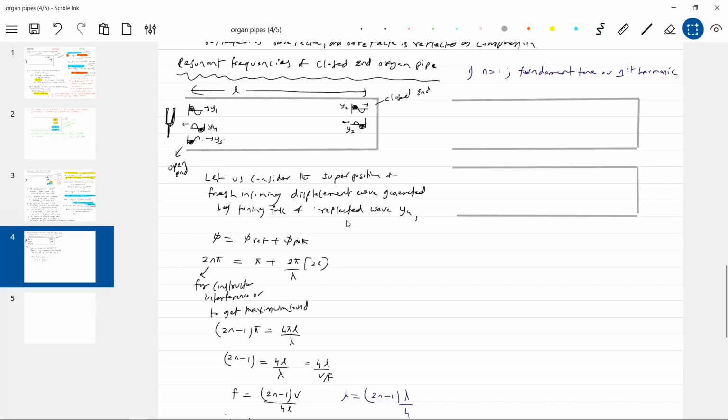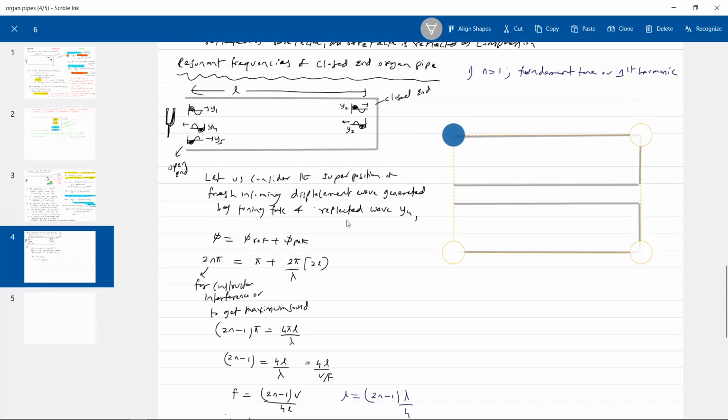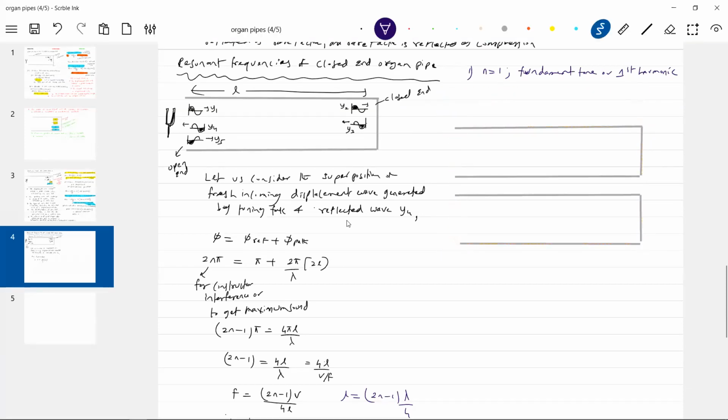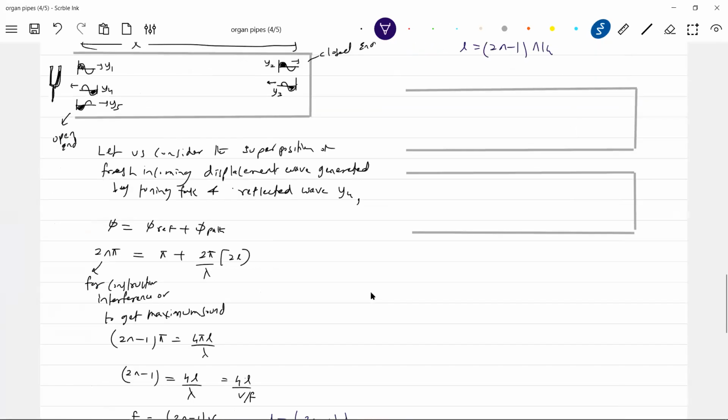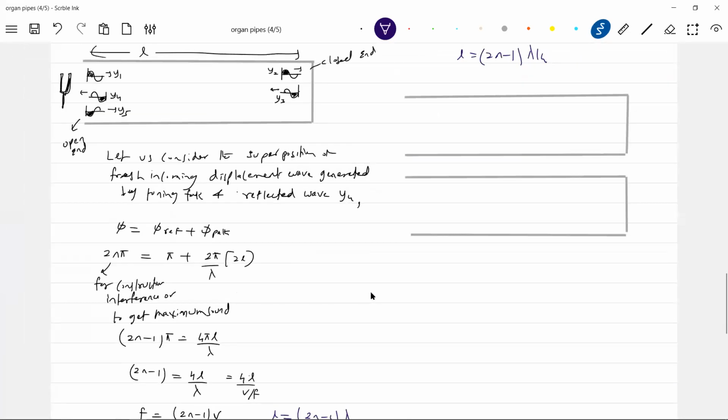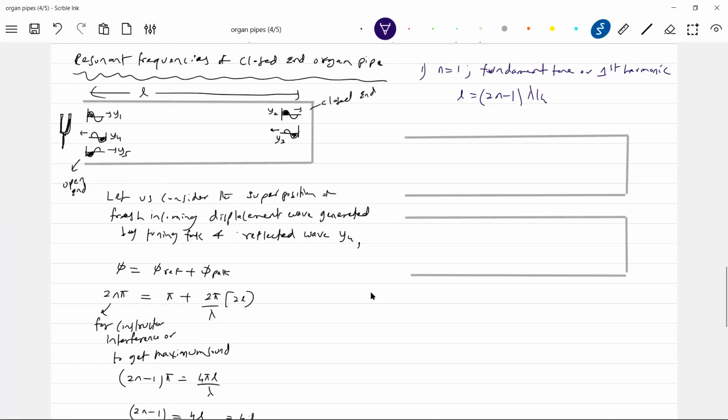If you put n equal to 1, L1 will become the length of the pipe. Let me magnify it. Now you see this. Please all of you look here. For n equal to 1, the length will become lambda 1 by 4. We know this should be the displacement node, and the open end will be a displacement antinode.